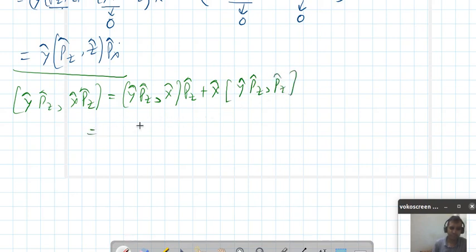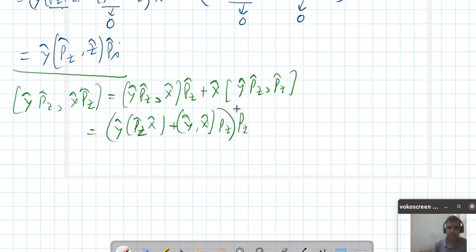Now it can be further expanded. If I expand it further, it can be written as y pz x plus y x, it is pz, and this pz can be taken here, plus x, it is y pz, it is pz plus y pz, it is pz, right?